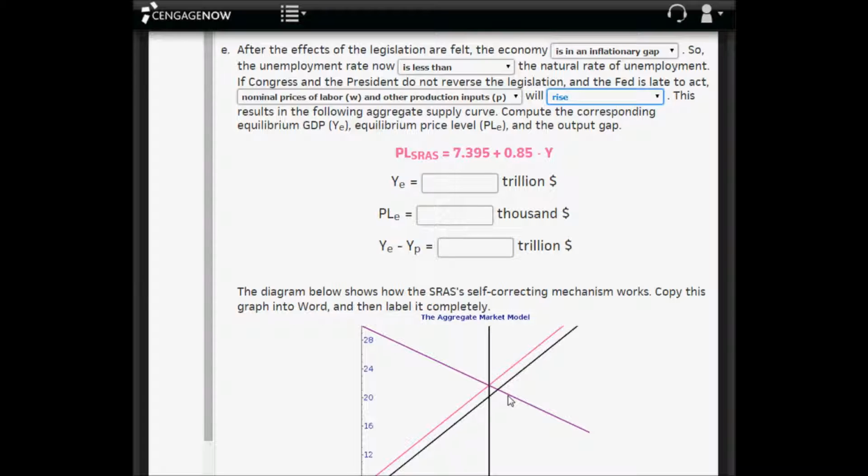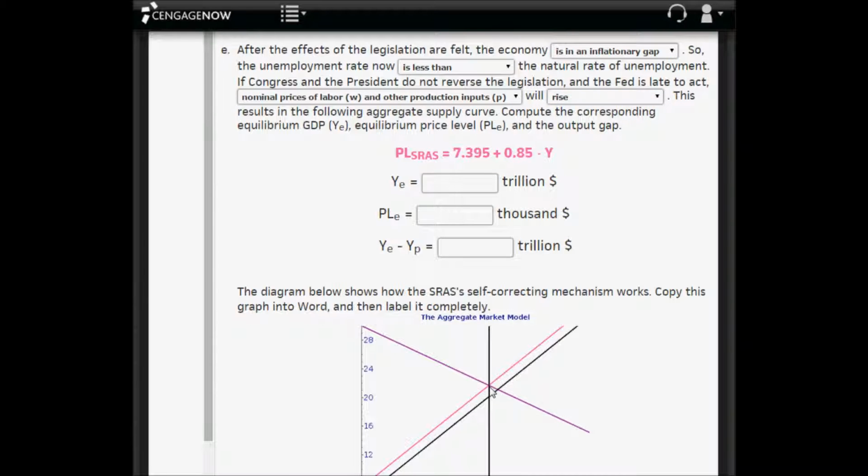So we go from the inflationary gap that was caused by the delayed effect of government spending and tax cuts to a point here on the longer aggregate supply curve, which results from wages and prices of other production inputs causing short-run aggregate supply to shift upward along the long-run aggregate supply.